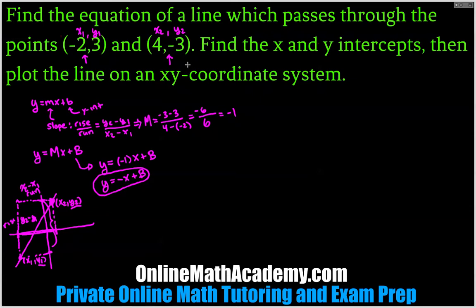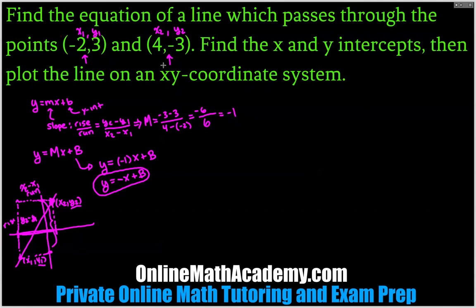So we can choose either one of them and temporarily substitute them in for x and y, because we know that at the end of the day, when we actually have our explicit equation y equals mx plus b, we know that those x and y's are going to satisfy the equation. So we can temporarily sub them in and find out what b is.